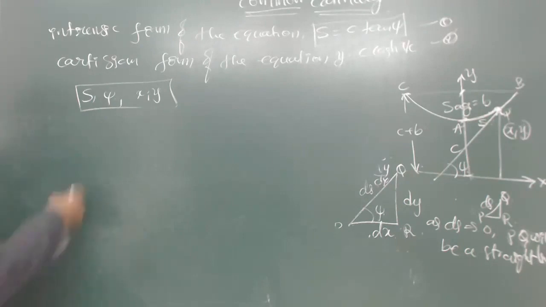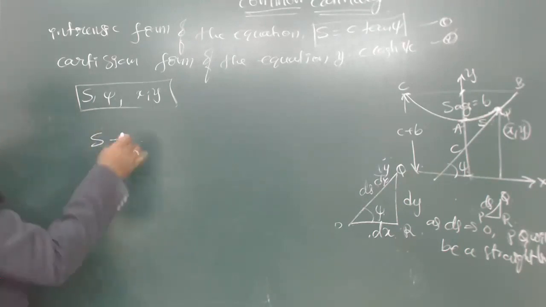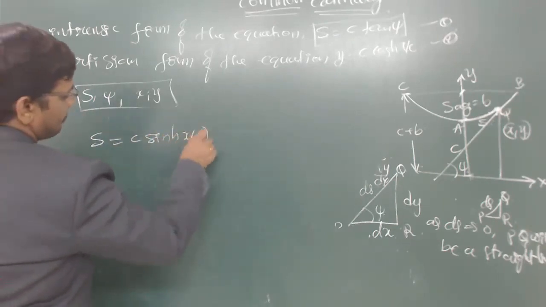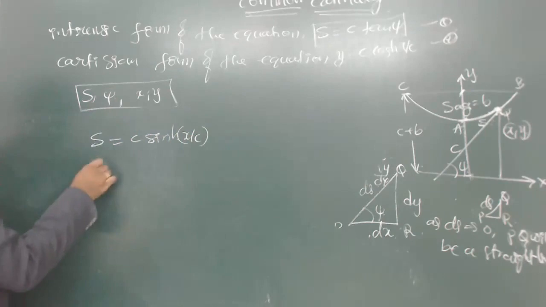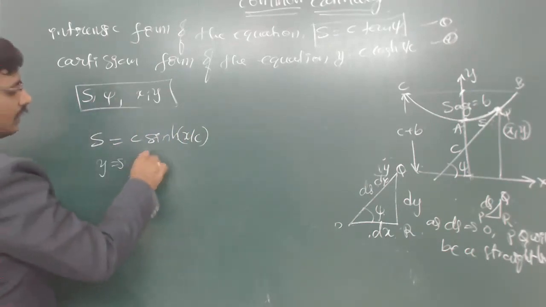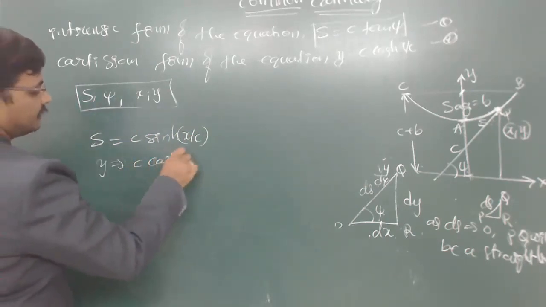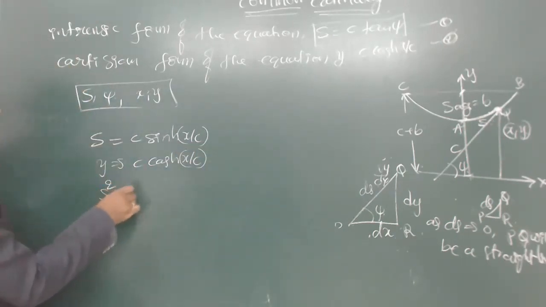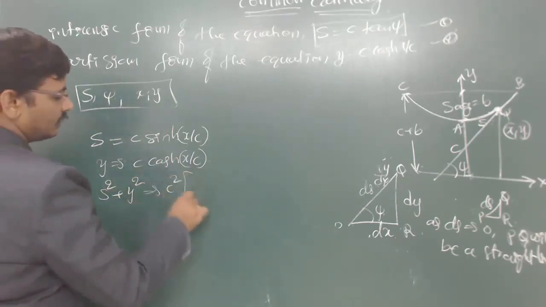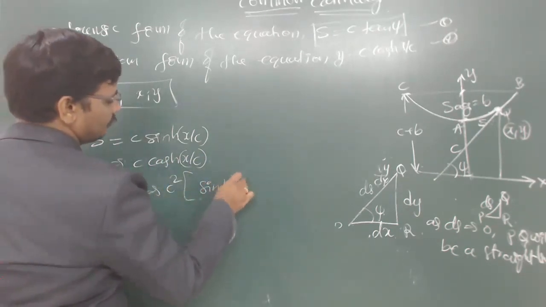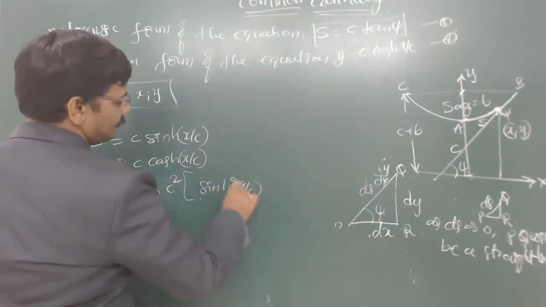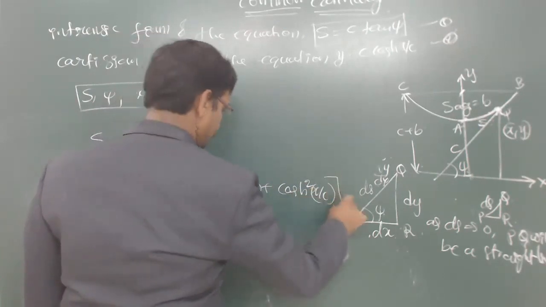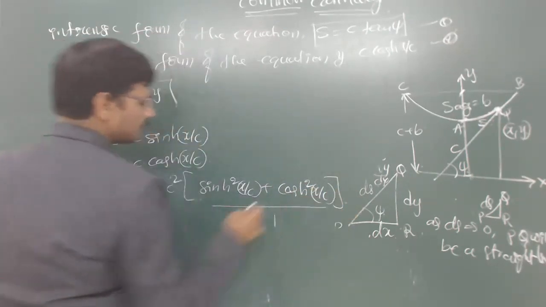Okay, so let me solve this. We have got one relation from the previous example, that is s is equal to c sinh(x/c). And we already have the relation y is equal to c cosh(x/c). Now, if you square it and add it, s square plus y square is equal to c square times sinh square(x/c) plus cosh square(x/c). So sinh square plus cosh square will be 1.